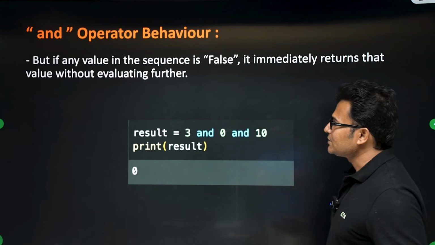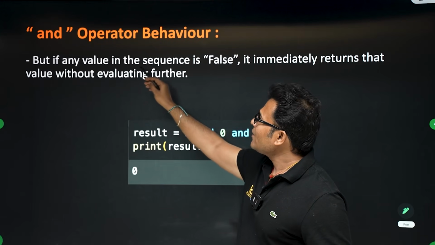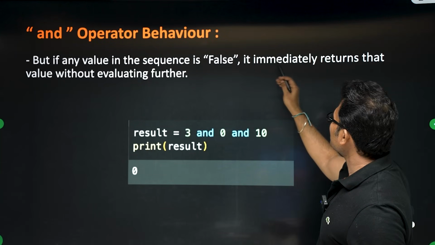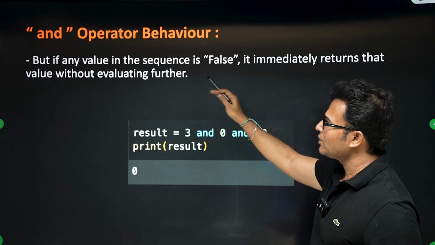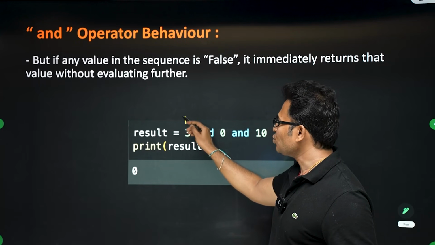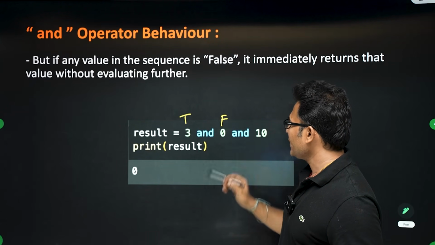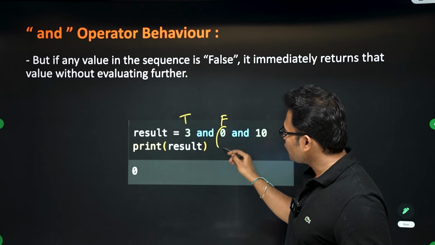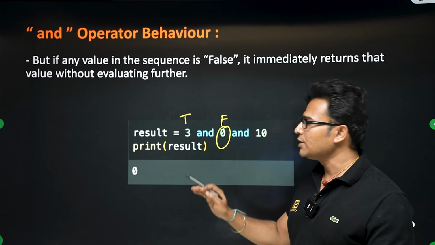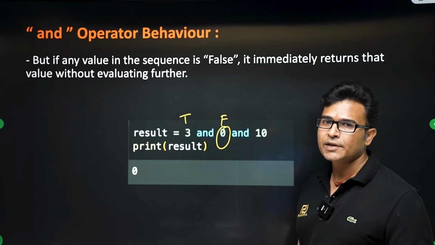Now in this case, if there is any value in the sequence that is false, it immediately returns that without evaluating further. See, this is true, this is false. Whenever it comes across a false, it will stop there. It will not go and evaluate the remaining numbers.